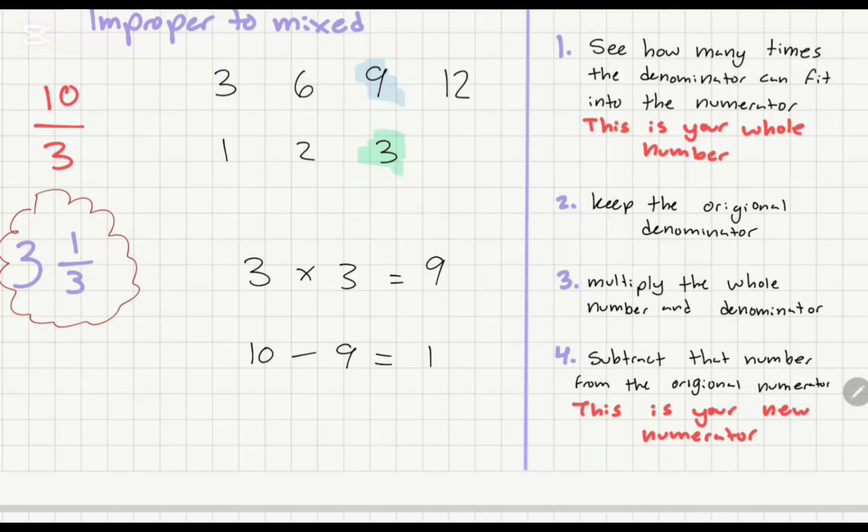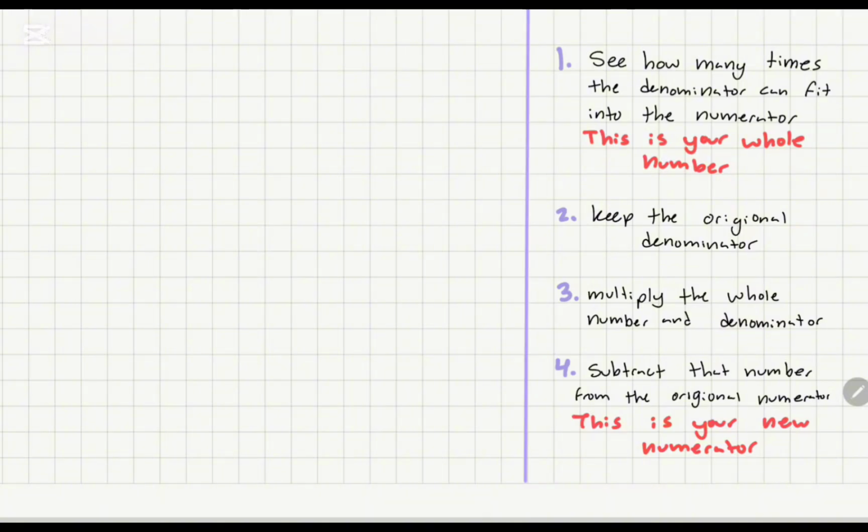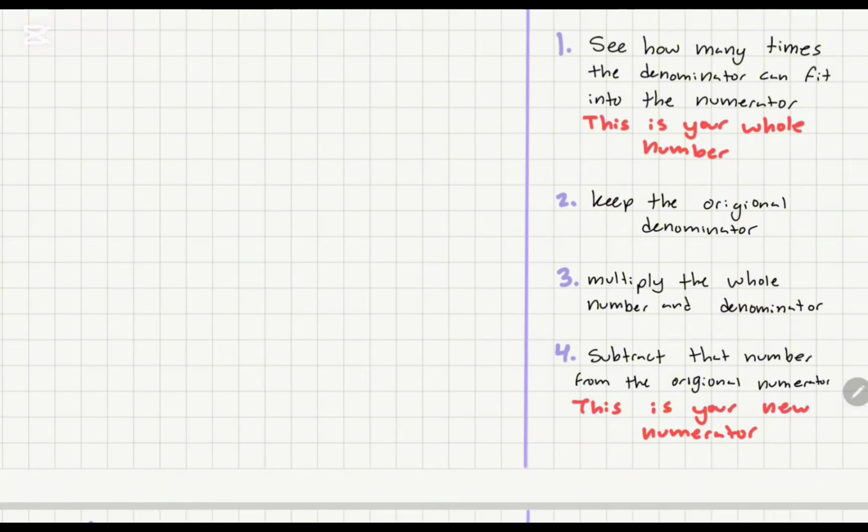Let's do one more example. Alright, our next example is going to be 20 over 3. Alright, so let's go through the exact same steps that we did before. First, we have to see how many times 3 can fit into 20.